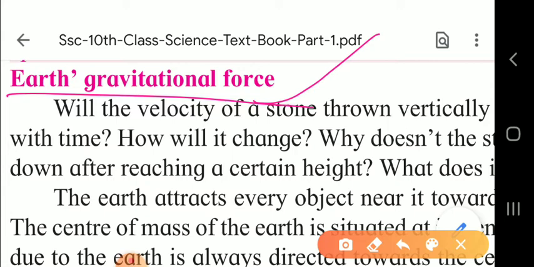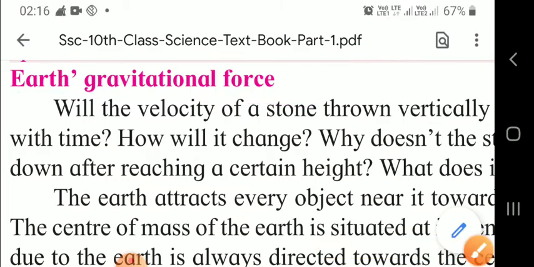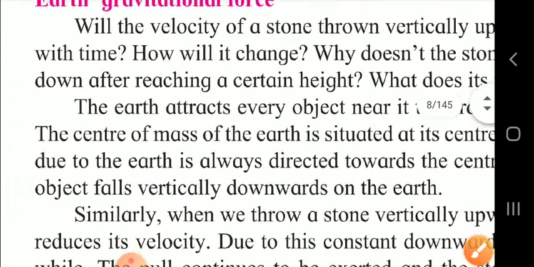The earth attracts every object near it towards itself because of the gravitational force, and the center of mass of the earth is situated at its center only. So the gravitational force on any object due to the earth is always directed toward the center of the earth. So this point you have to note down, children, it is an important point.